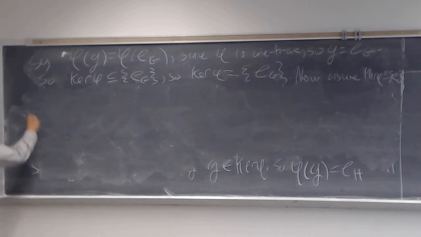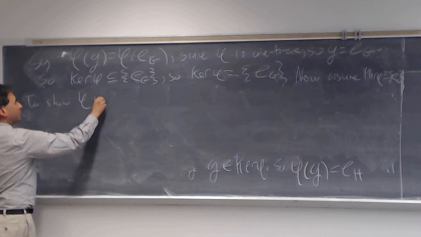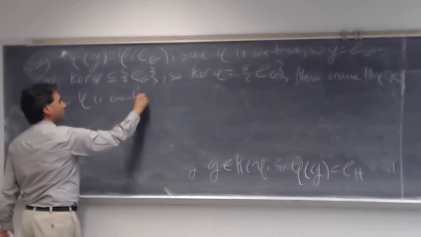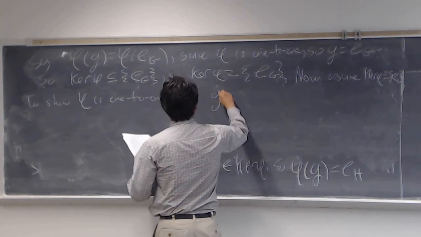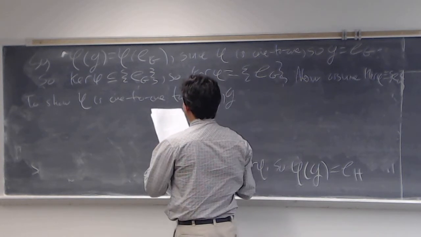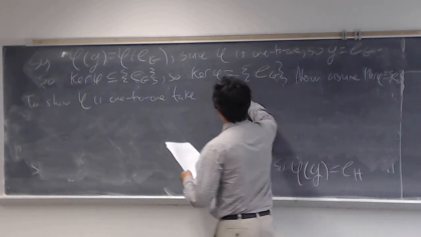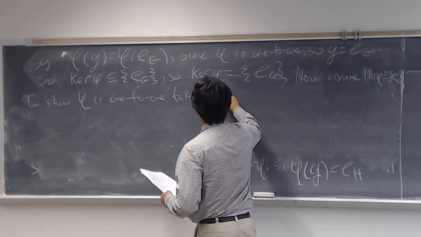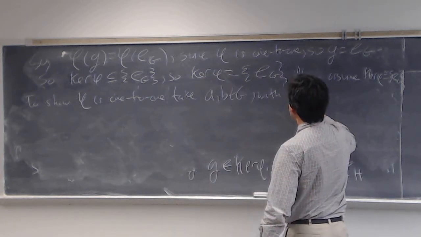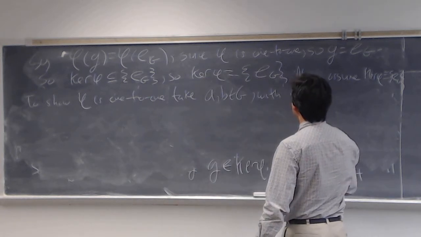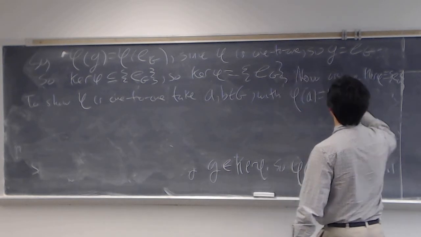So how do we show it's one-to-one? To show phi is one-to-one, take g, or I guess I used a and b in the notes, so I might as well stick with a and b. Take two elements of G with phi of a equals phi of b. We want to show that a equals b.